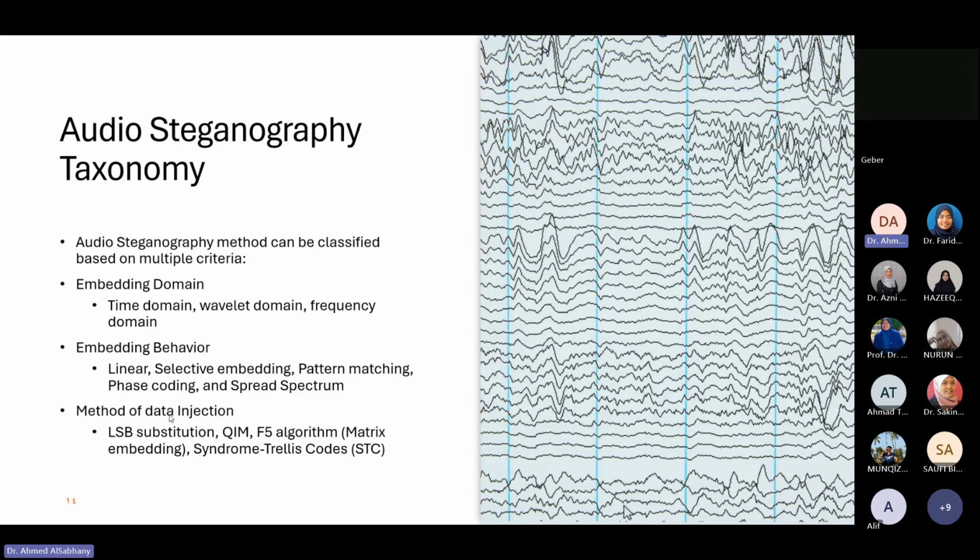For the F5 algorithm or the matrix embedding, we are actually breaking the one-to-one ratio between the message and the cover signal bits.